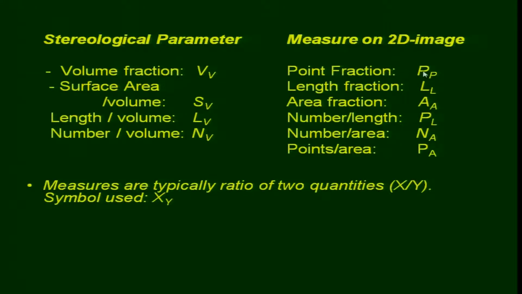In some cases it is dimensionless like point fraction, and in other cases, for example, points per unit area, it has a dimension of length per length squared, and so on. And the symbol that we have used is quite consistent as x sub y. So, what is in the numerator and what is in the denominator becomes clear.